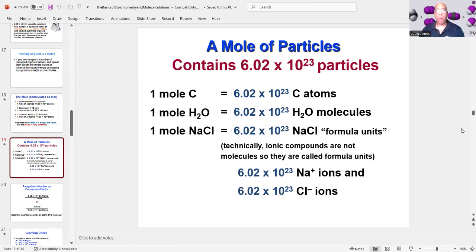So we have 1 mole of water, and that equals 6.02 times 10 to the 23rd water molecules. Again, what's NaCl? NaCl is salt. So we have 1 mole of salt, and it equals 6.02 times 10 to the 23rd salt formula units. So technically, ionic compounds are not molecules, so they're called formula units.